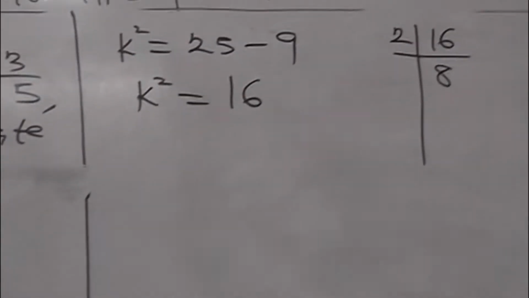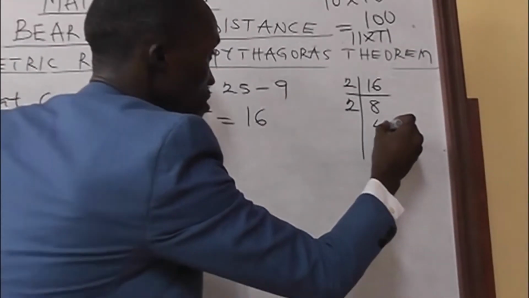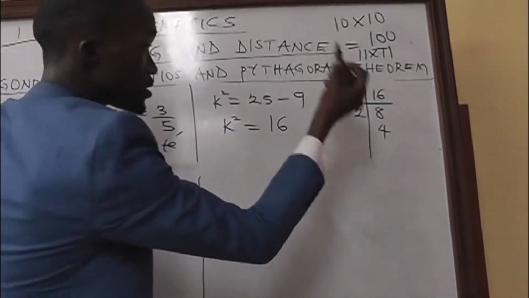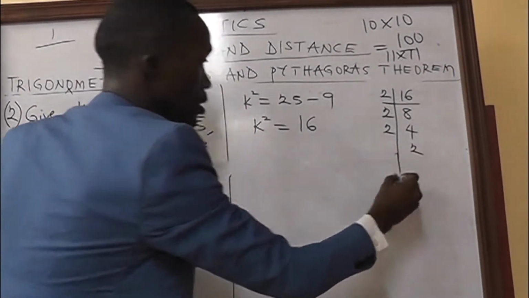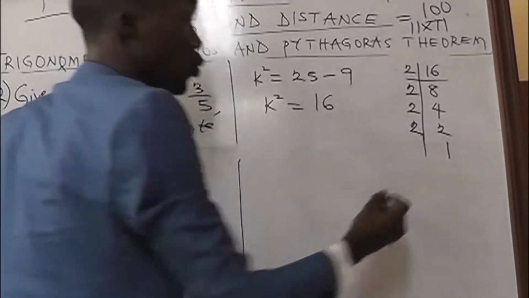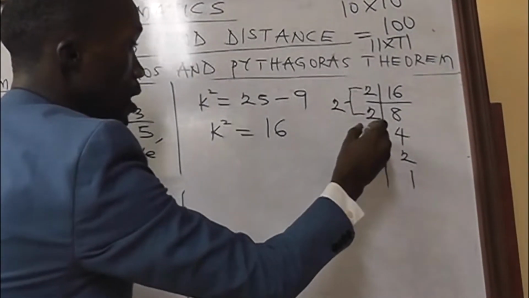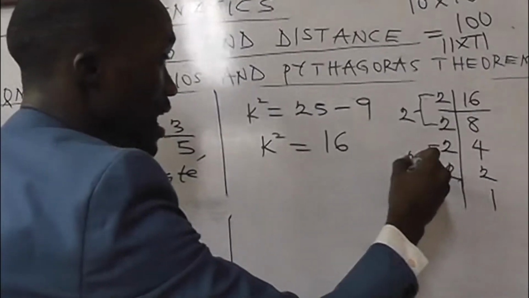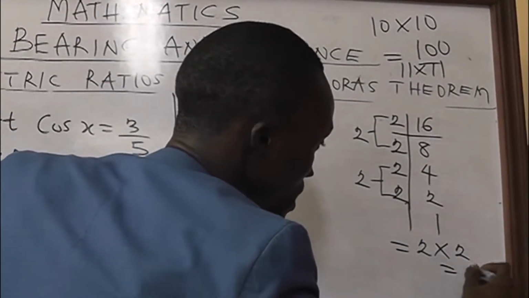Then 8 is also an even number. 2 can divide it. 2 in 8 will give us 4. 4 is also an even number. 2 in 4 will give us 2. And we can use 2 also. 2 in 2 will give us 1. So we take them in 2s. So this will be taken as 2. And this 2 will also be taken as a single 2. Which means that is 2 multiplied by 2, which is 4.